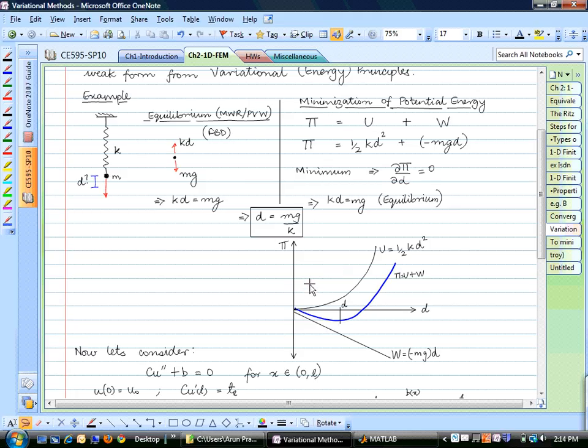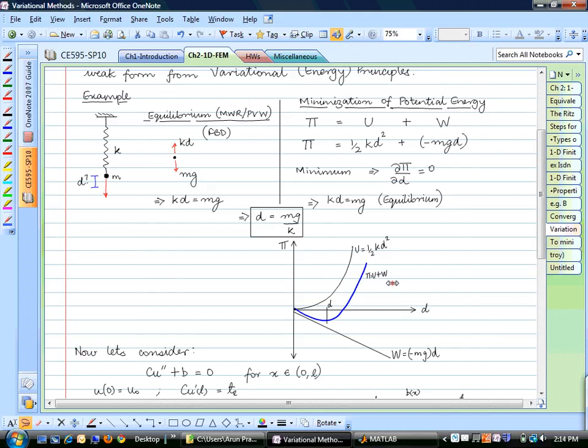Okay, so let me ask you this. Keep a note of where this displacement is. If this spring is more stiff, then the potential energy function in the spring is going to increase faster. Does that make sense?